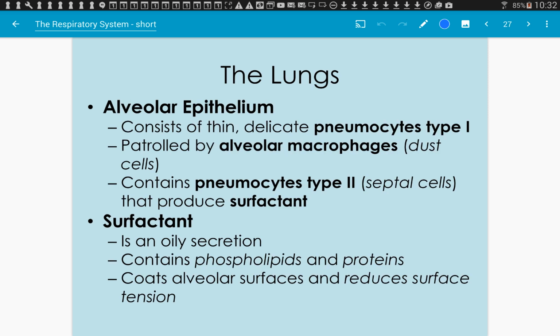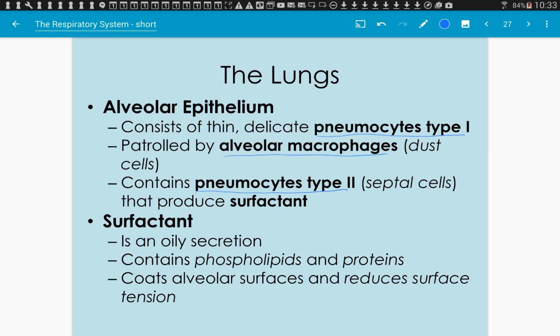So within the alveoli, within that respiratory membrane, those little bubbles, you have different types of cells. We talked about the alveolar macrophages on Monday. Then you also have what's called a pneumocyte type 1 and a pneumocyte type 2.